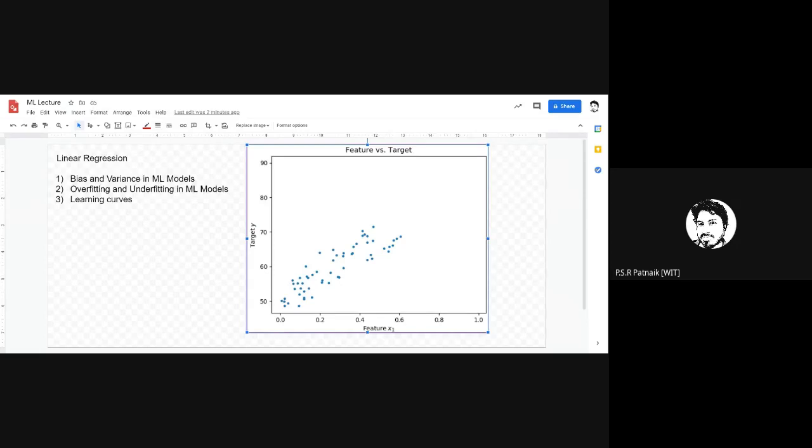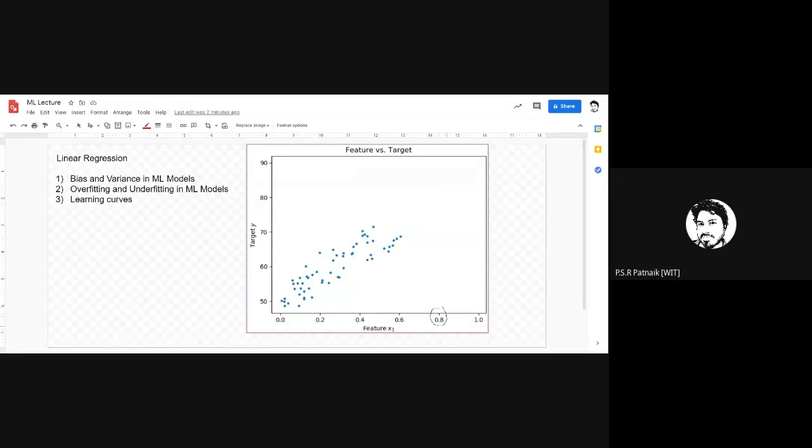Now assume that you have written a machine learning program. You already have a machine learning model, you have written the algorithm and all that. Now, for that algorithm, for example, I am asking it to predict the value for y at x1 equal to 0.8.